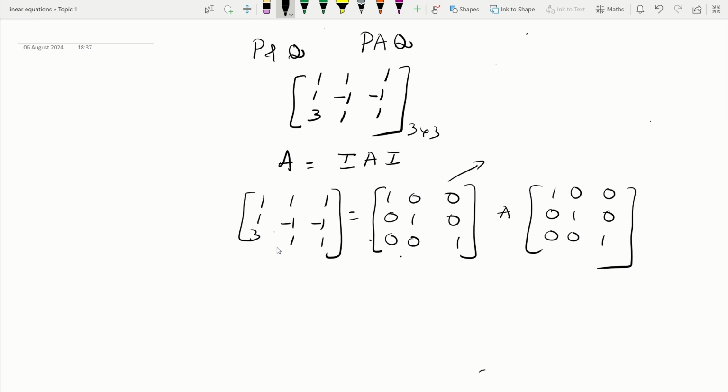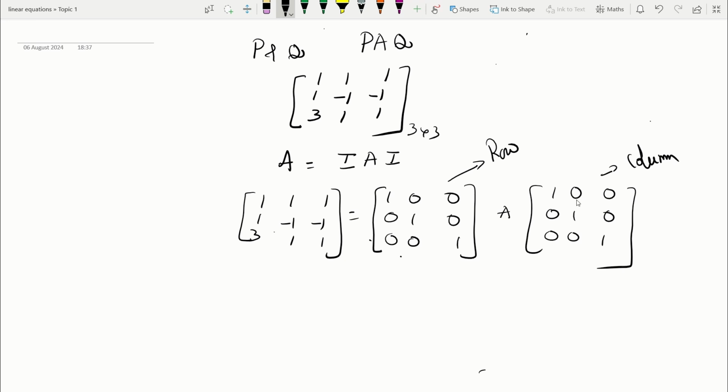Okay, so the matrix A I can write as I into A into I. Multiplication with the identity matrix, I A I, is equal to A only, right? So how can we write the matrix A? I am writing 1 1 1; 1 minus 1 minus 1; 3 1 1.